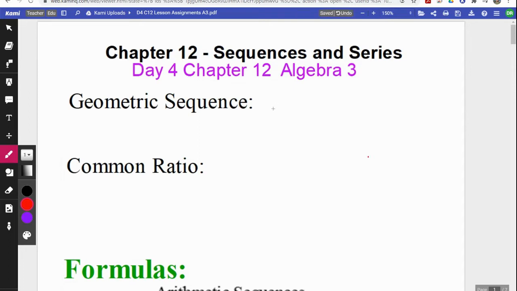So a geometric sequence is a sequence in which the pattern created uses multiplication.